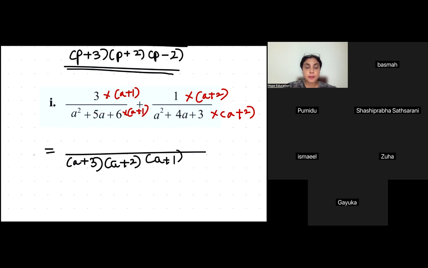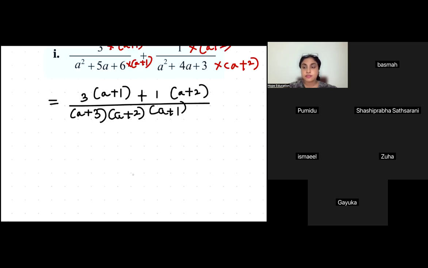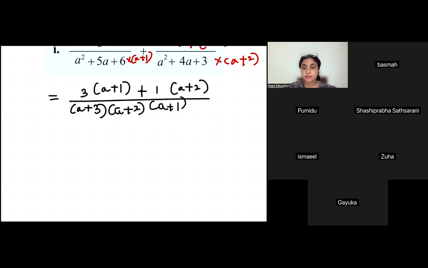So 3 times a plus 1, plus 1 times a plus 2. The denominator is the same because we are talking about a common denominator.